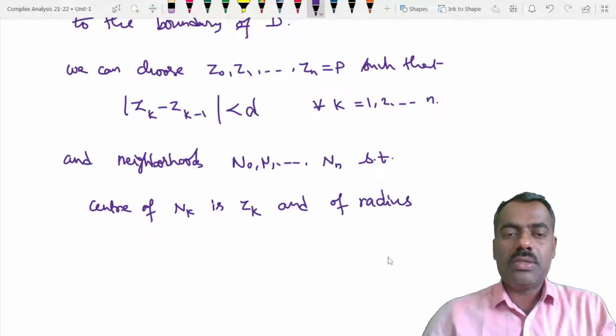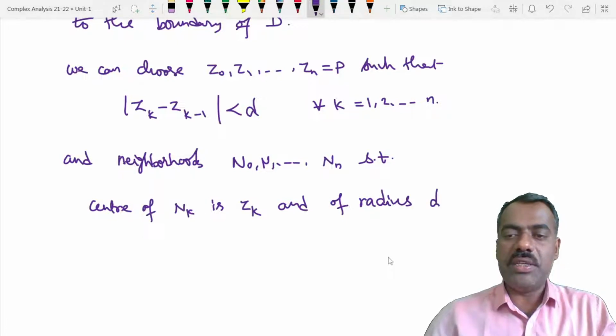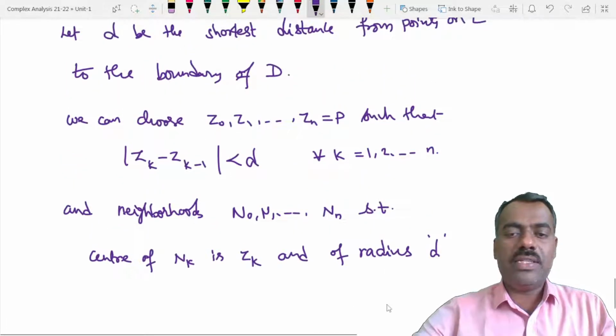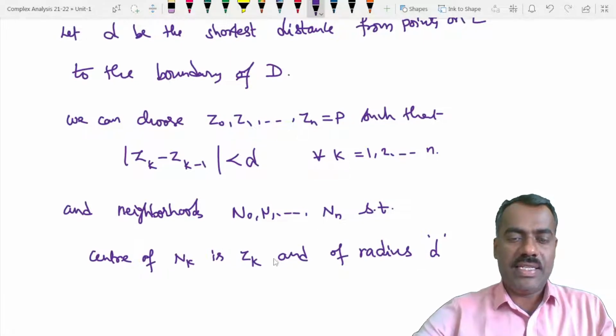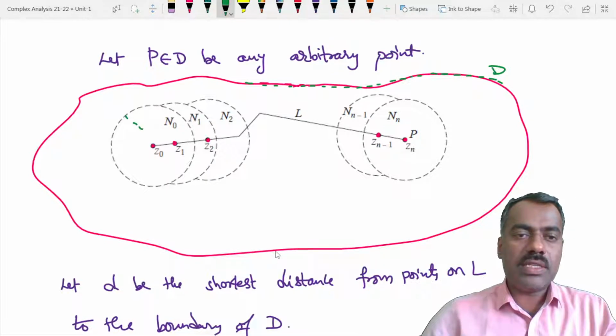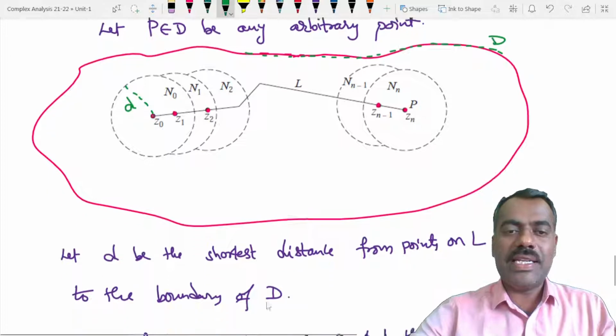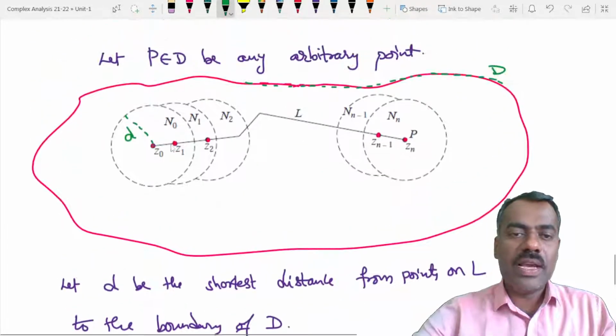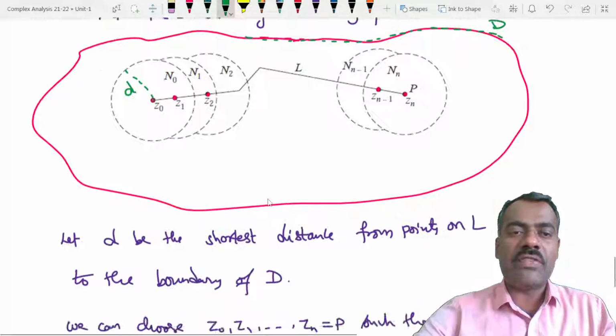Each neighborhood is of radius d and center at zk, okay? Then the distance, mod z1 minus z0, is less than d, so therefore z1 belongs to n0. Similarly, z2 belongs to n1 and so on, okay?